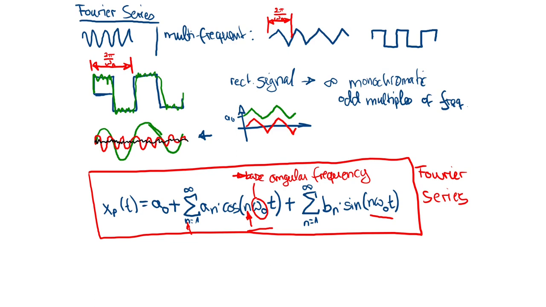So you can decompose any multi-frequent signal, any periodic signal into its monochromatic components. And the Fourier series is actually a description of composing the periodic signal out of its monochromatic components. So the Fourier series is the inverse of the Fourier analysis.